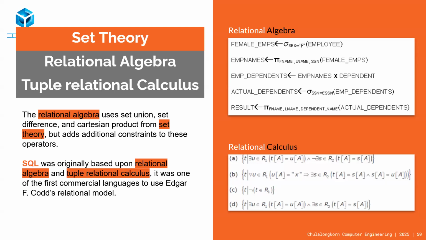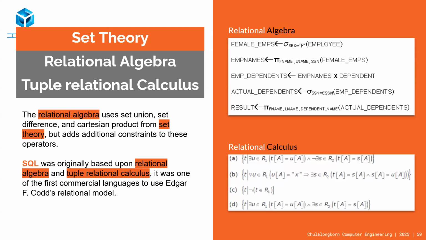The relational algebra uses set union. You probably learned it in high school, but you probably forgot about it. It's basically set union, set difference, Cartesian product, or set intersection.